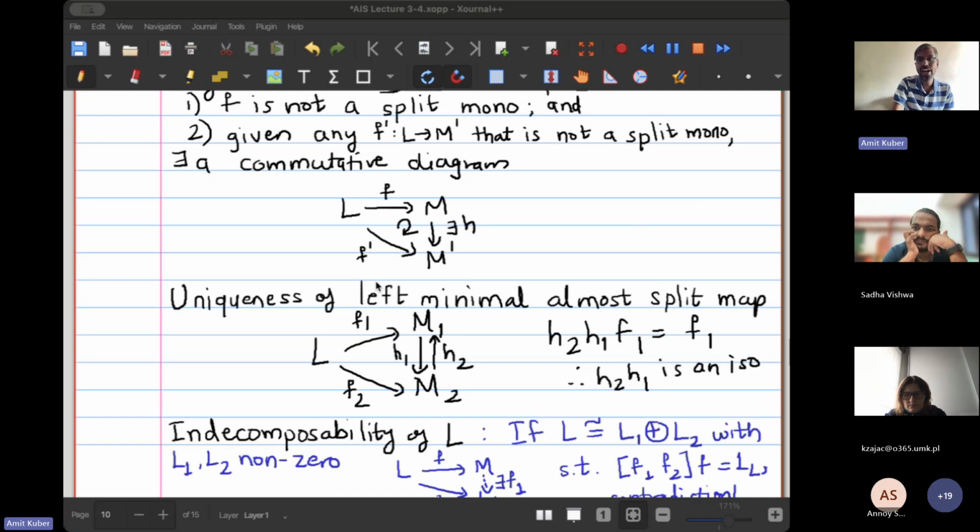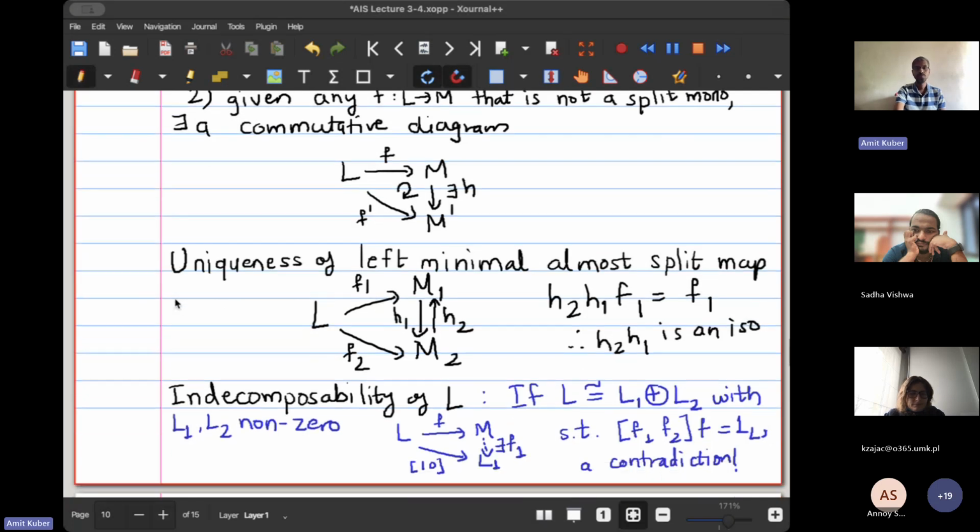This means M1 and M2 are in fact isomorphic such that the diagram commutes. So uniqueness up to isomorphism is possible if you take a combination of these two. Any questions? Okay.